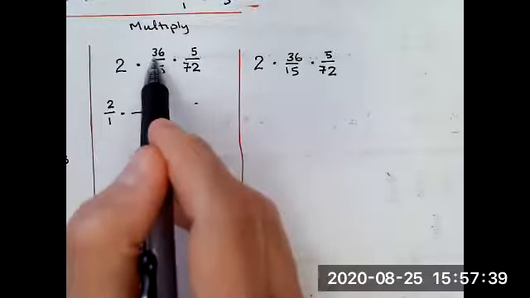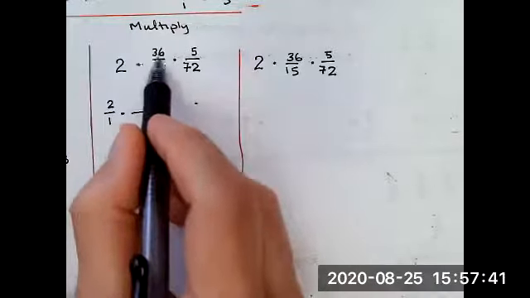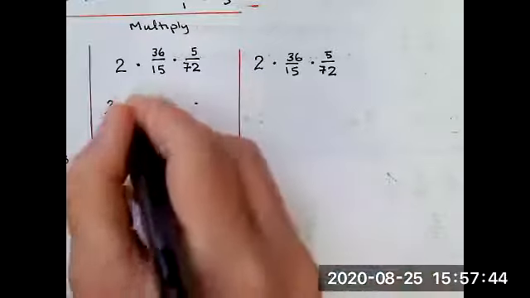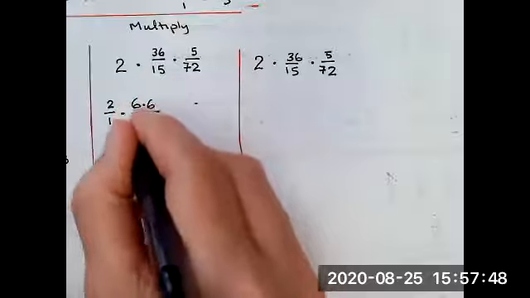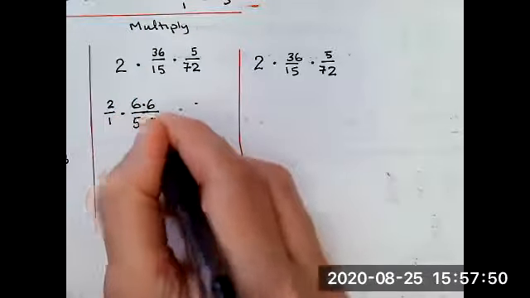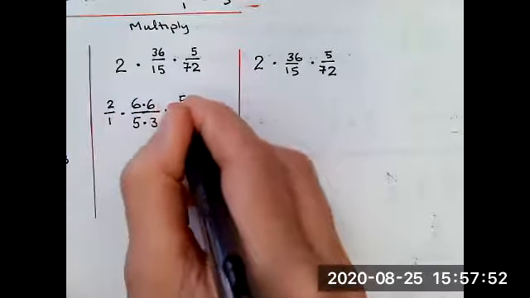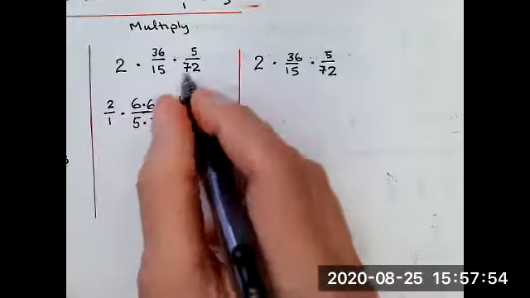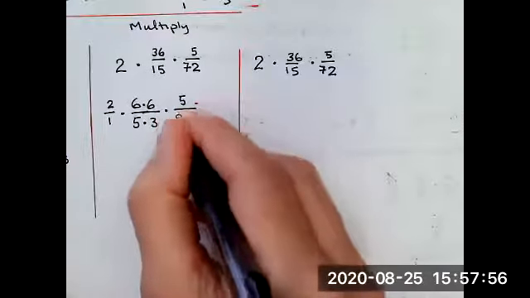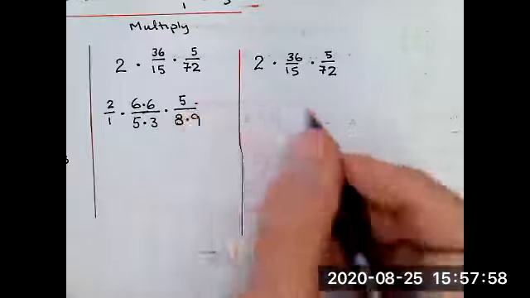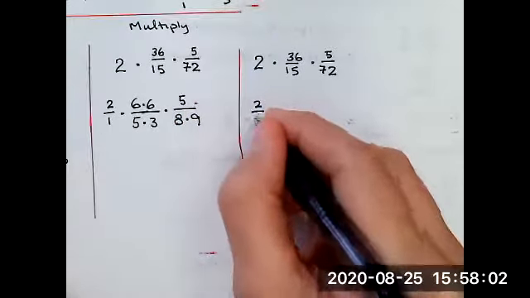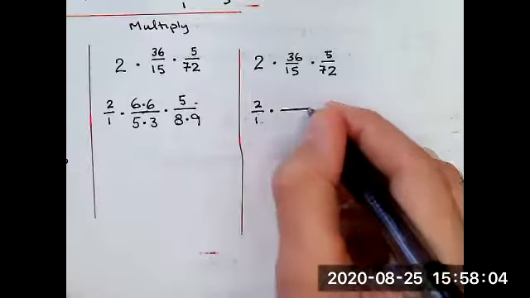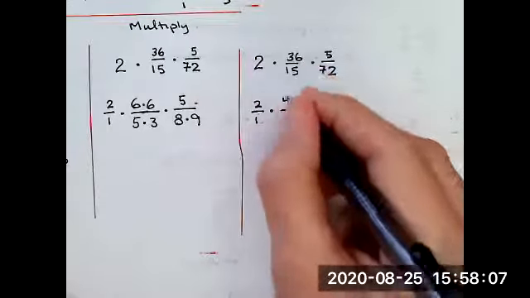So 36, I could either do 6 times 6 or 4 times 9. 15 is 5 times 3. 72 is 8 times 9. So let's start it the other way here. 36 is 4 times 9.